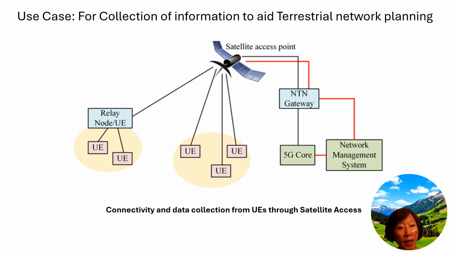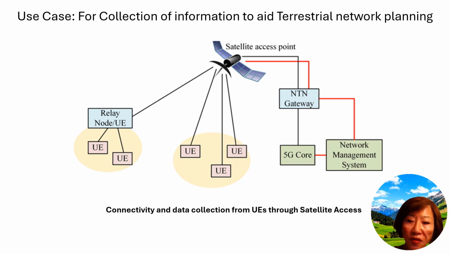We have the NTN gateway. NTN stands for non-terrestrial network. This gateway interfaces between the satellite network and the terrestrial network. We have the 5G core represented, just written there in a rectangle. And we have the NMS, the network management system.